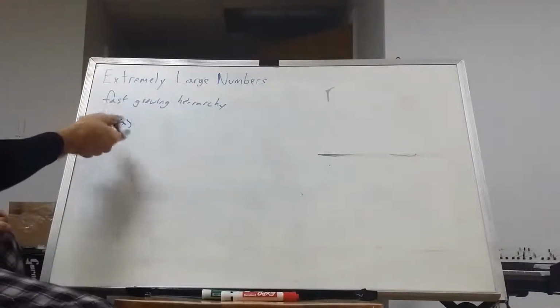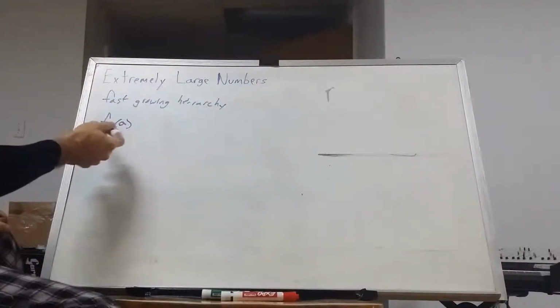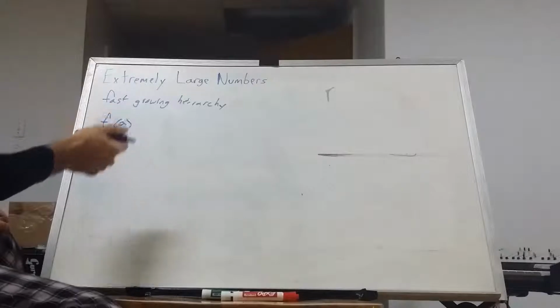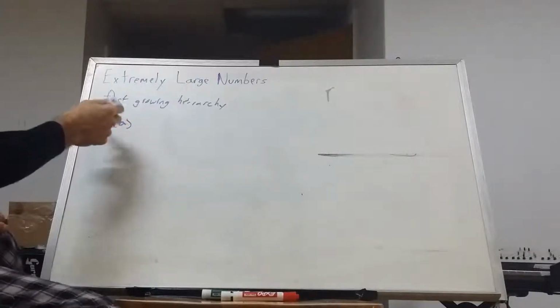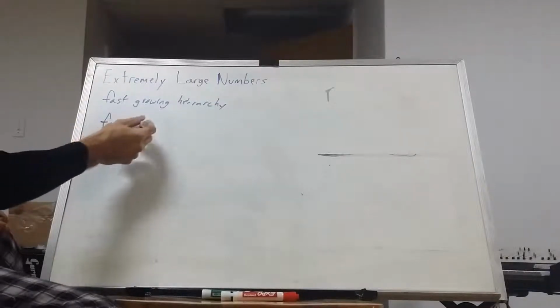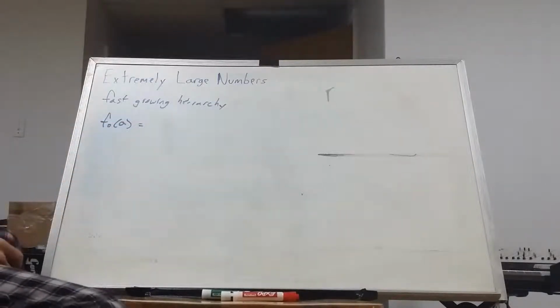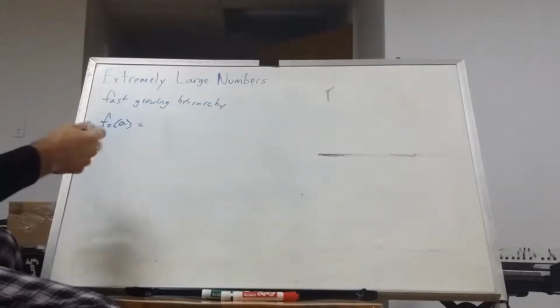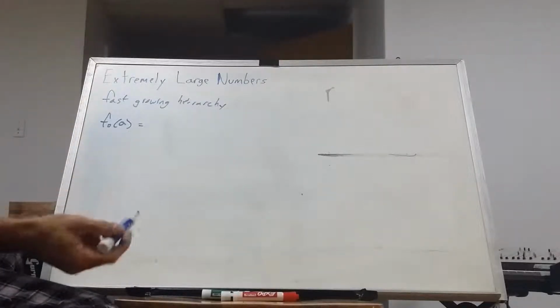So f naught. In case you're not familiar, in mathematics, when you put a 0, you often call that naught. So f naught of a is the same as saying f with a little 0 in the subscript, of a. So this is a really, really simple function. Basically, like I said before, the function even more primitive than addition is successorship.